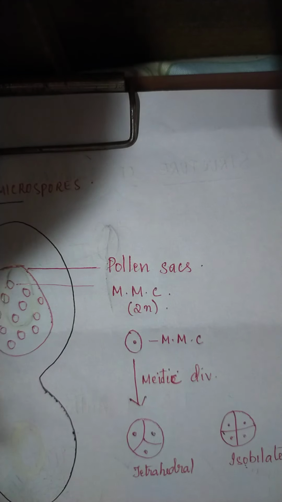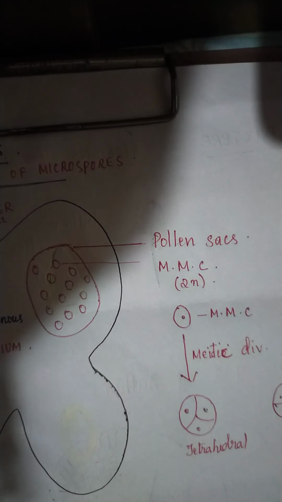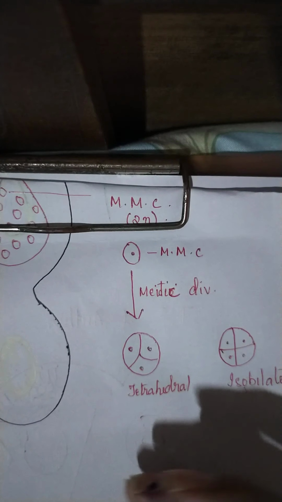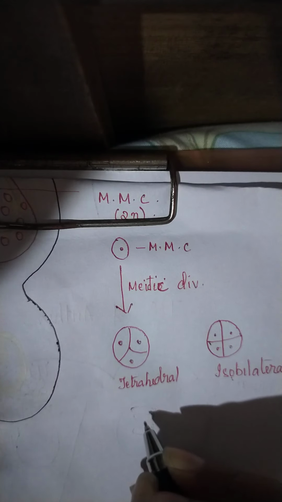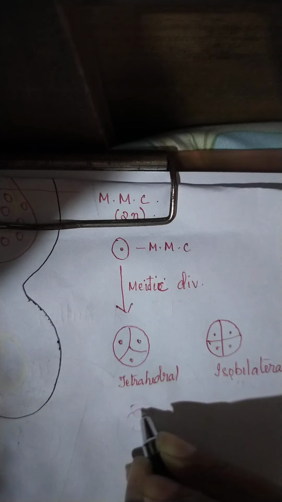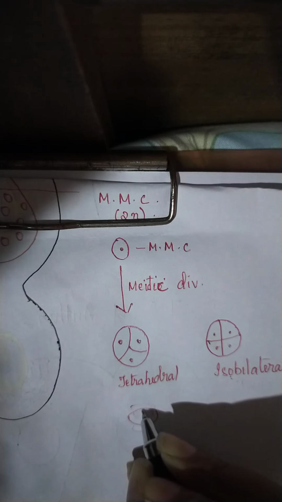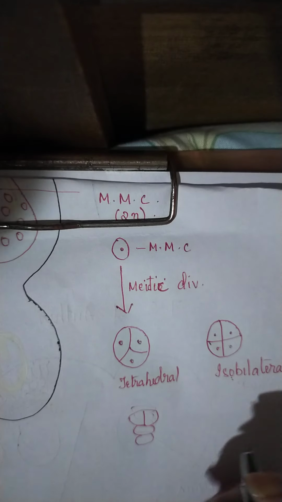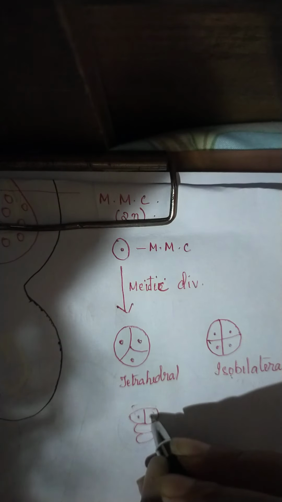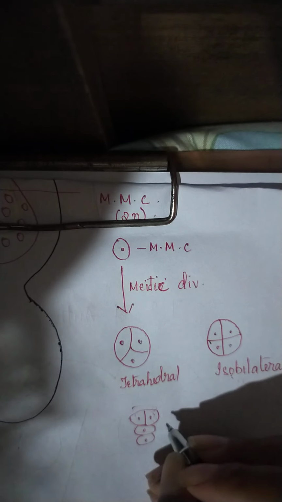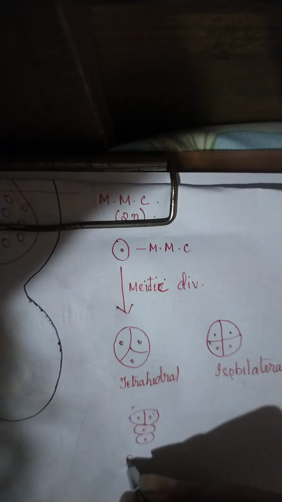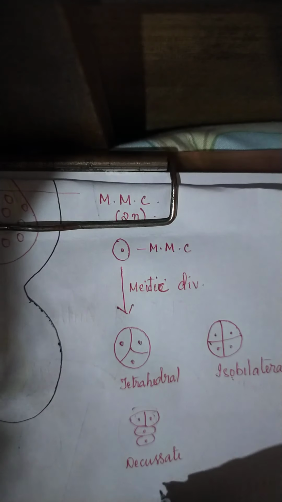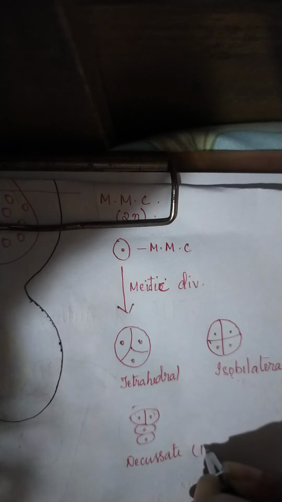And the next one is the decussate. One, two, three, four. This is a decussate, or it is also known as the F shape.